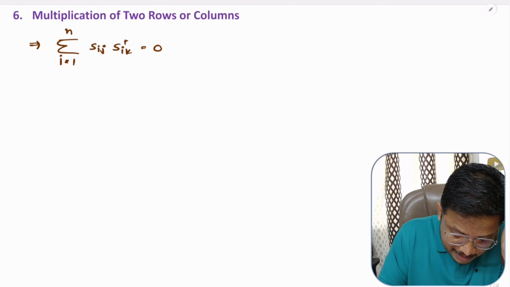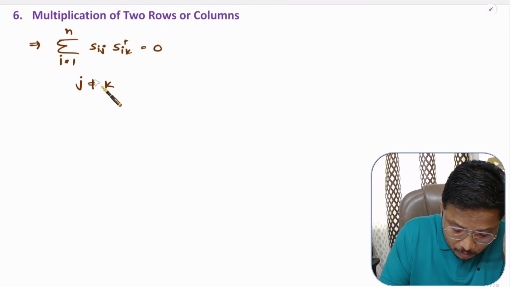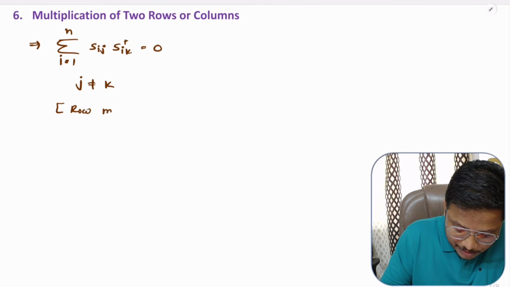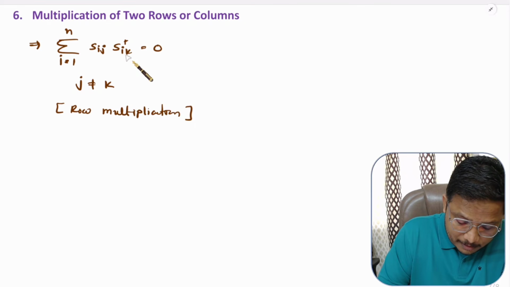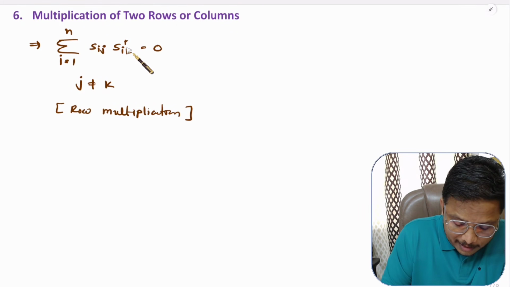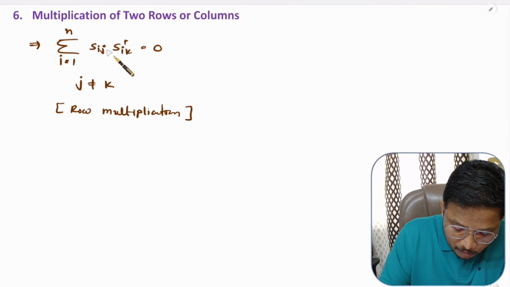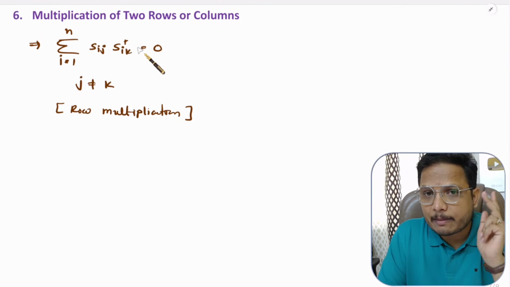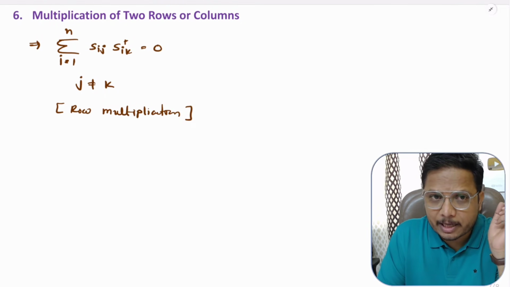Here j should not be equal to k. That is row wise multiplication, right? And in this row multiplication, the conjugate of a row should be there. So if you have two different rows where the second row is conjugate, in that case the row multiplication will be 0. And the same thing is applicable with column multiplication.